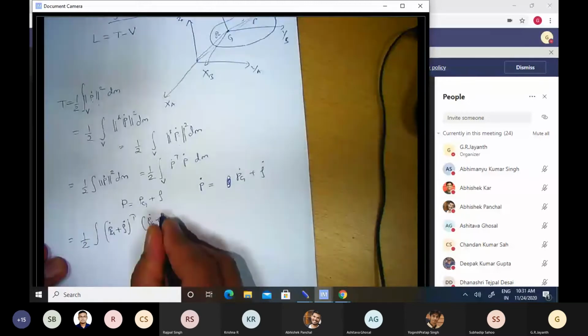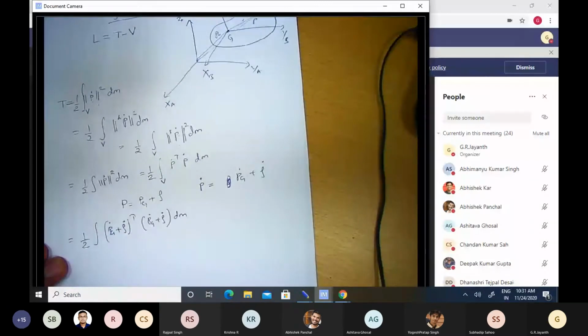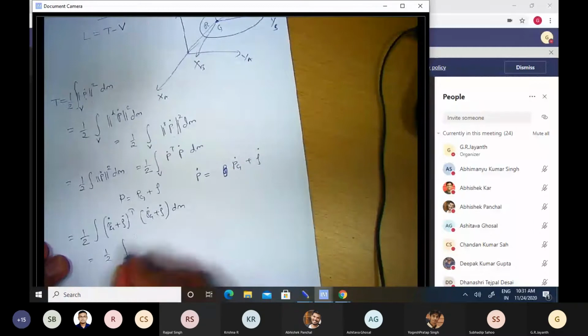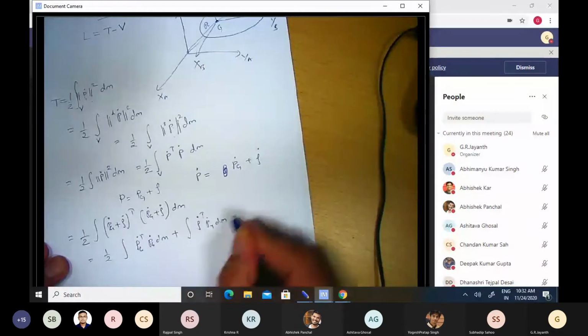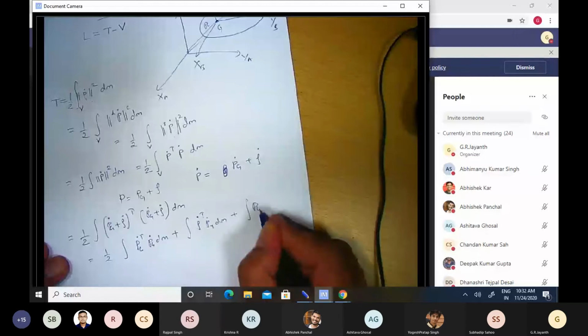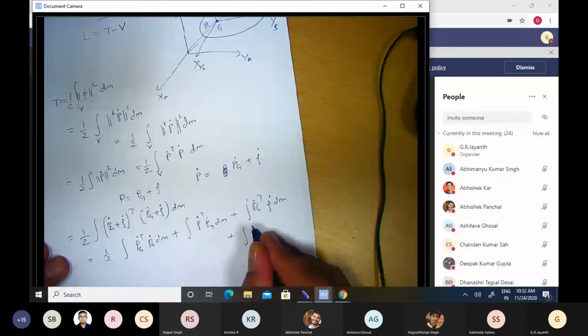Okay, which will be equal to half integral PG dot transpose PG dot dm plus integral rho dot transpose PG dot dm plus integral PG dot transpose rho dot dm plus integral rho dot transpose rho dot dm. Okay, this half applies to everything.